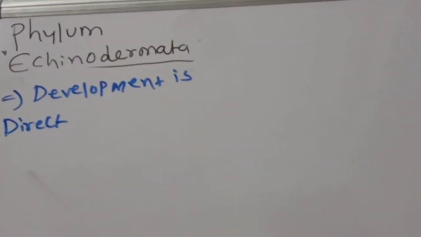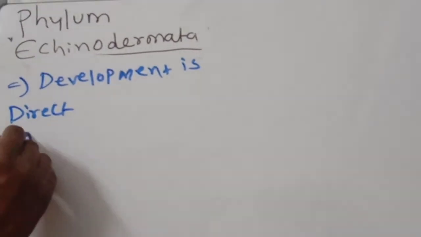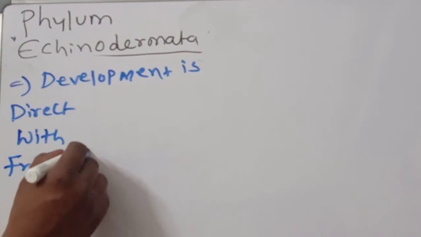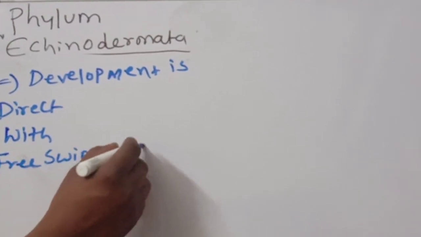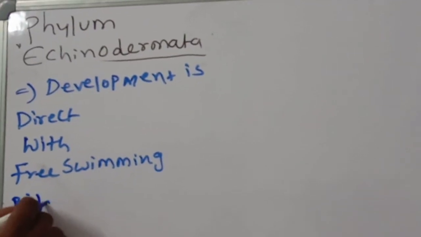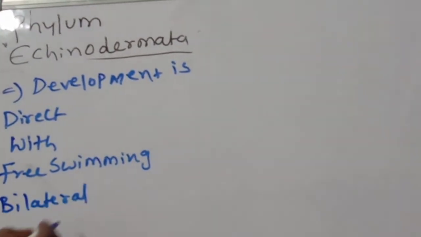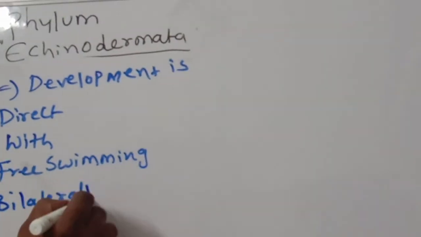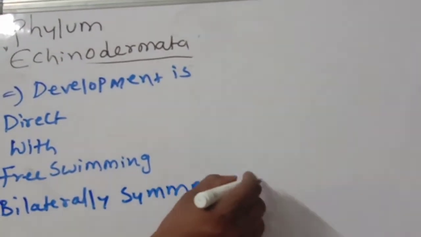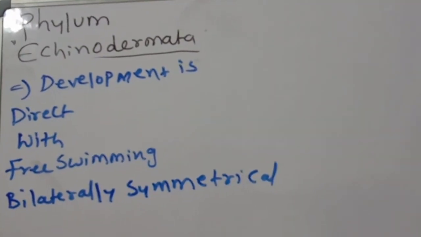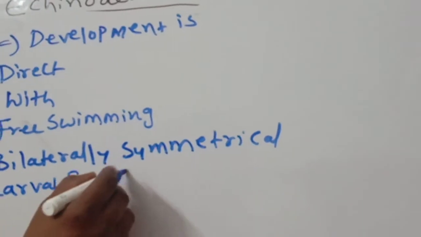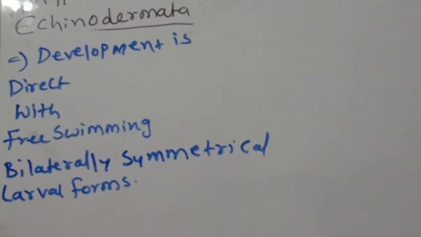And another important one: free swimming and bilaterally symmetrical larval forms. This point you should remember. They have larval forms that are bilaterally symmetrical.